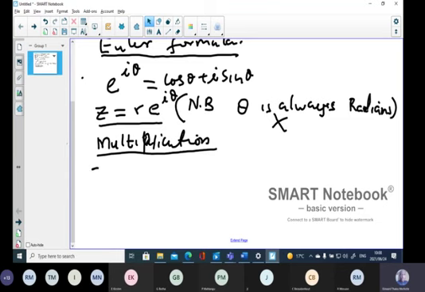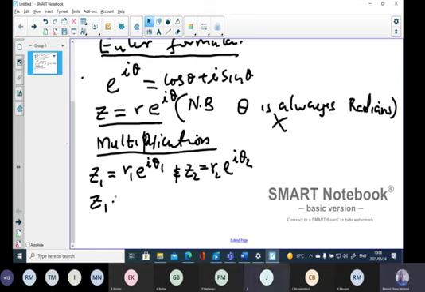Let's say we have z1 equals r1 e to the power i theta 1, and z2 is equal to r2 e to the power i theta 2. So z1 multiplied by z2 is equivalent to r1 multiplied by r2.